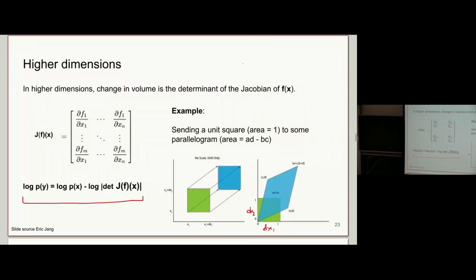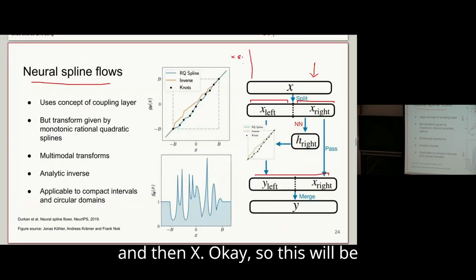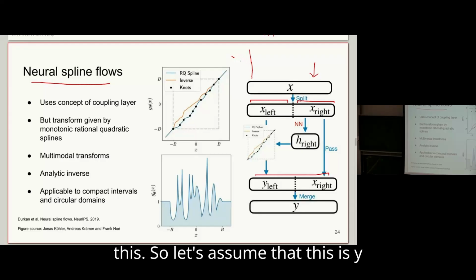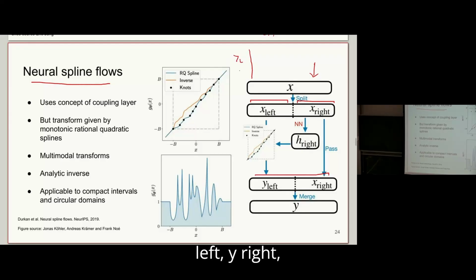So we have f and then x. Okay, so let's assume that this is y left, y right, and then I have here x left, and then x right.